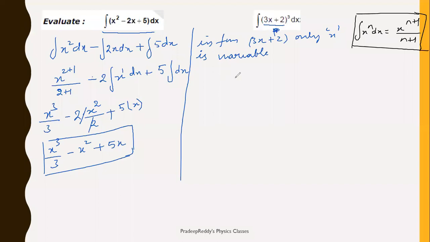Therefore this is exactly in the form of integration x power n dx.